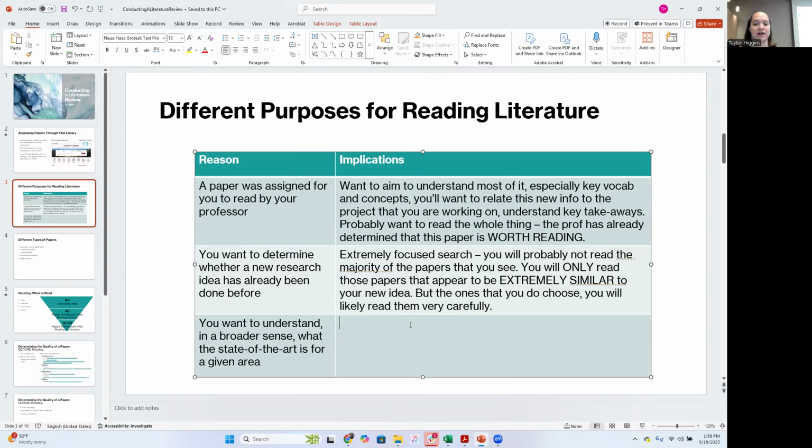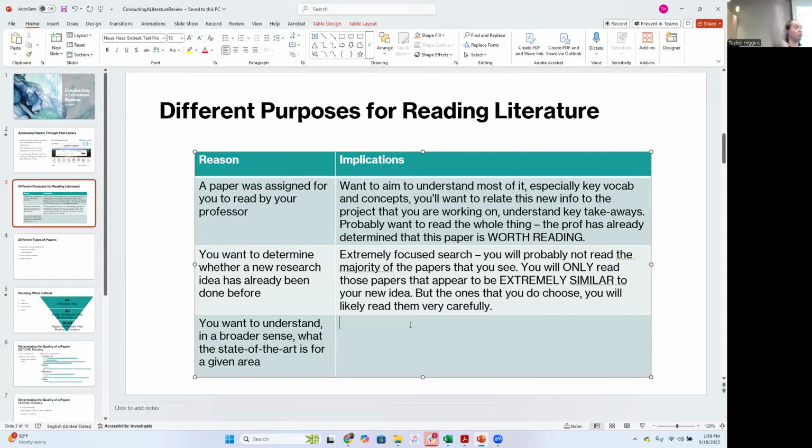So if you're trying to understand in a broad sense what is going on, maybe in tactile robot sensing, you're going to say, oh, that sounds interesting, that sounds interesting, that sounds interesting. You're going to grab maybe 15 papers, but you are not going to read them line for line. Because if you're reading them line for line, it takes what, a couple of hours to read a single paper? If you only have 20 hours in a week, which is maybe even more than probably what you have, you are only able to read very few papers, which means you are not going to get a good understanding of the research landscape in that area, right?